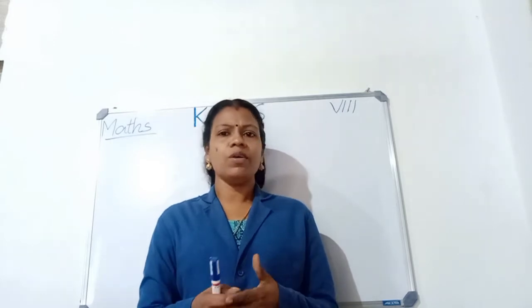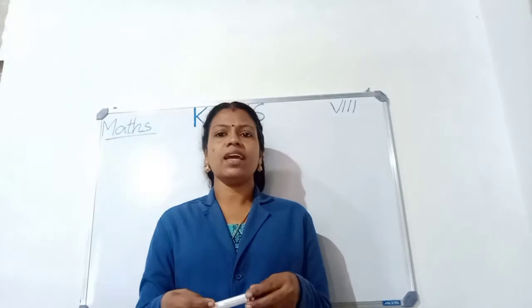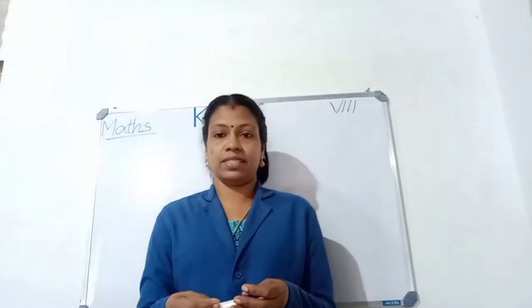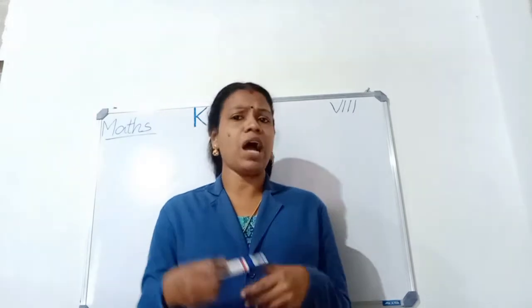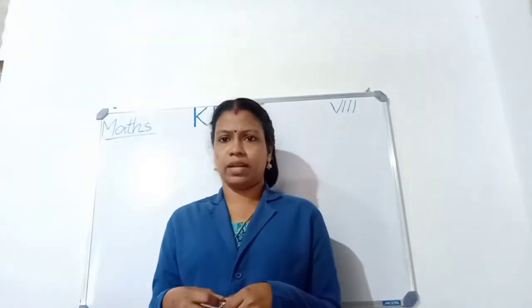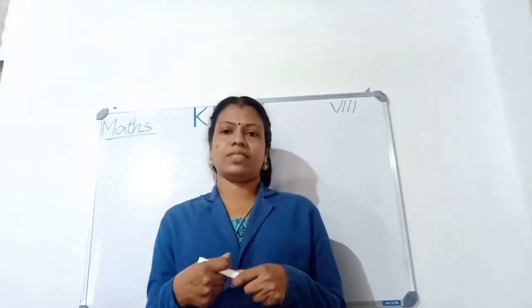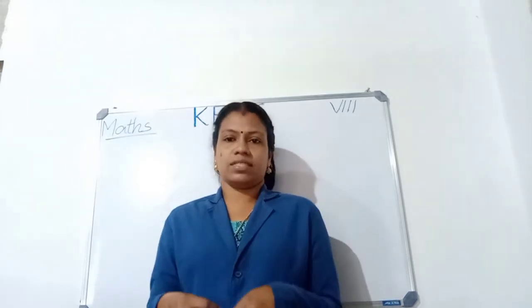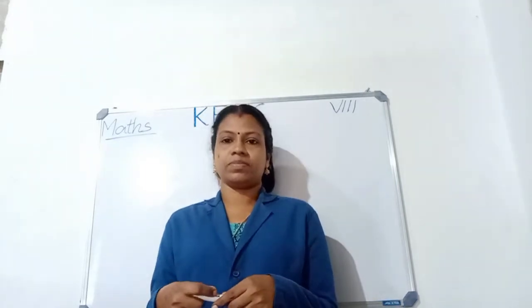Do you know who Pythagoras was? Yes, he was a famous Greek mathematician and a great philosopher also. I think you have studied Pythagoras theorem in your 7th standard, isn't it? Okay, let's discuss. What is a Pythagorean triplet?